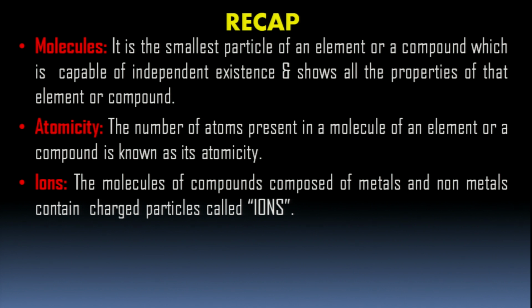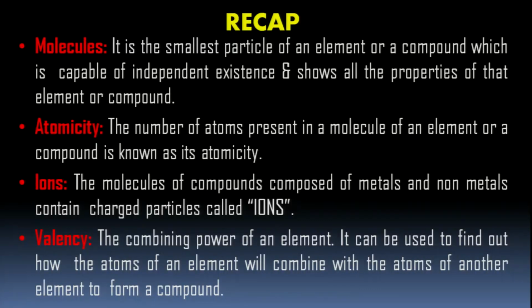They are cations and anions. Valency, the most important concept. The combining power of an element. It can be used to find out how the atoms of an element will combine with the atoms of another element to form compounds. And children, we have also learnt using these valencies how elements form bonds with each other.